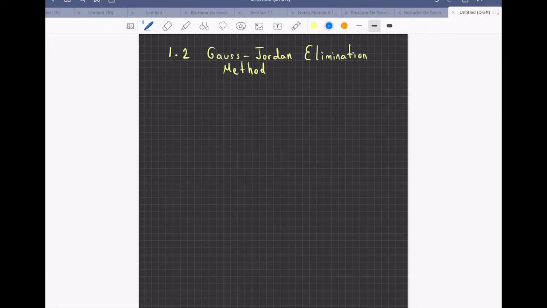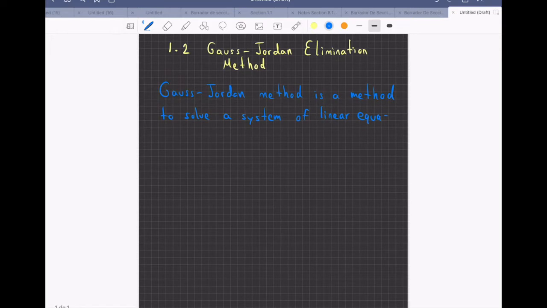In general, the Gauss-Jordan method is a method to solve a system of linear equations by working on the augmented matrix.